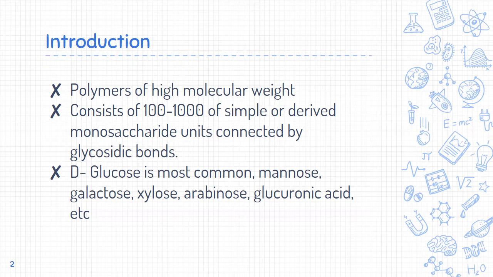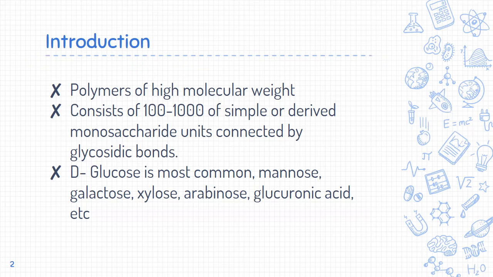What are polysaccharides? These are mostly polymers which have high molecular weight. Polymers means they contain repeating subunits. So in this class you will have repeating subunits of monosaccharide units.